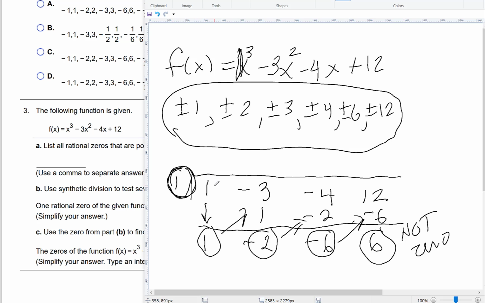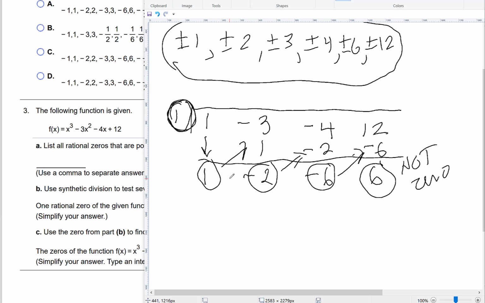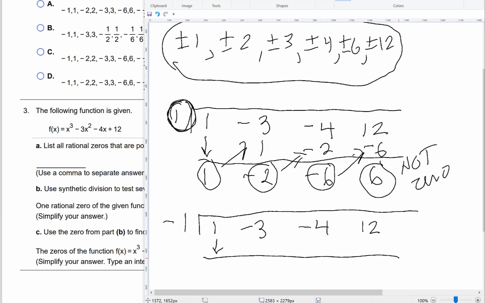Okay, so I'm going to try minus 1. 1, minus 3, minus 4, and 12. The first one drops down. Then I multiply. Negative 1 times 1 is negative 1, add negative 4.